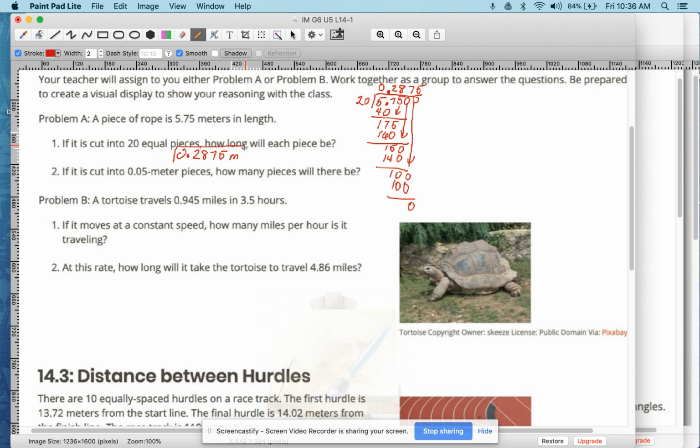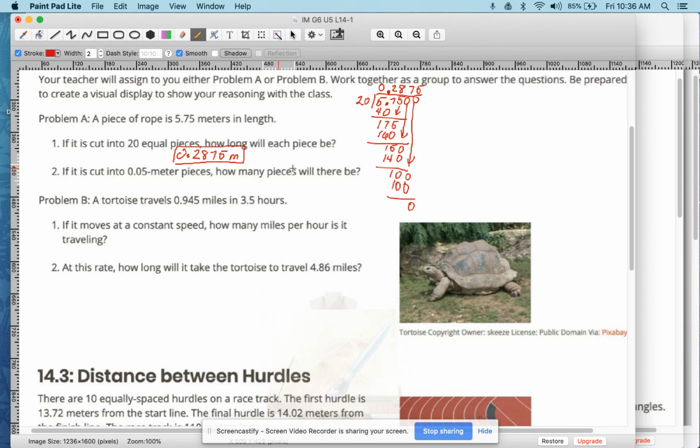So that should be your final answer. And yes, that is how you would say that number. So we have tenths, hundredths, thousandths, 10,000ths. So it's 2,875 10,000ths meters long.